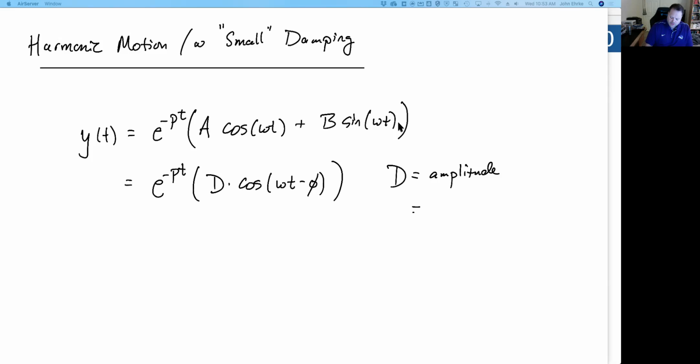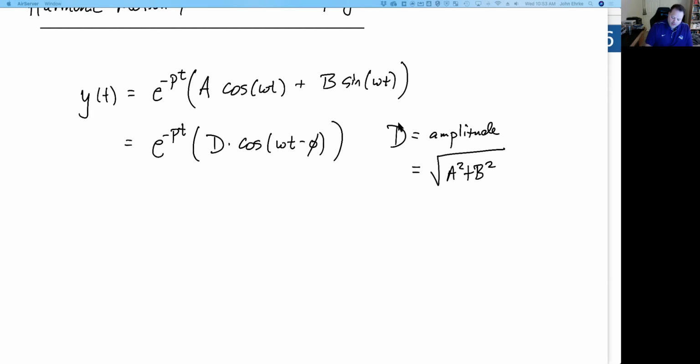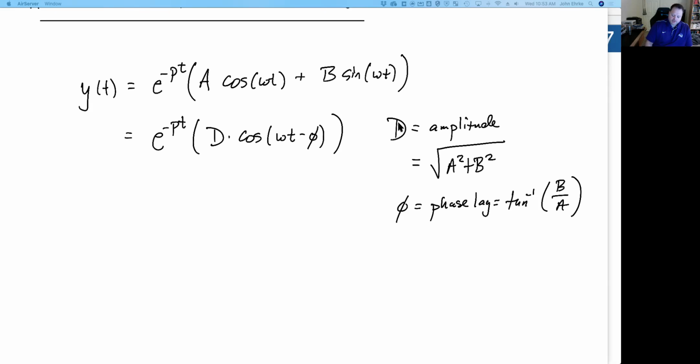That amplitude can be calculated by taking the square root of a squared plus b squared. We also talked about the phase lag phi in class, and what I said was that the phase lag is the tangent inverse of b over a in this case.